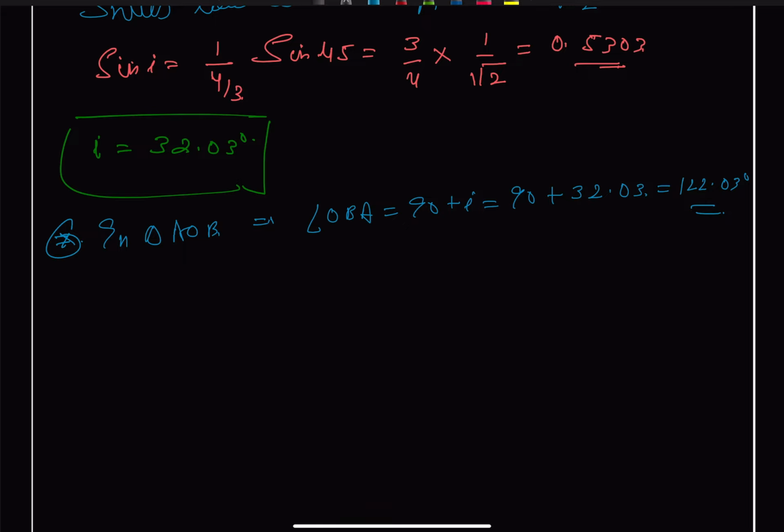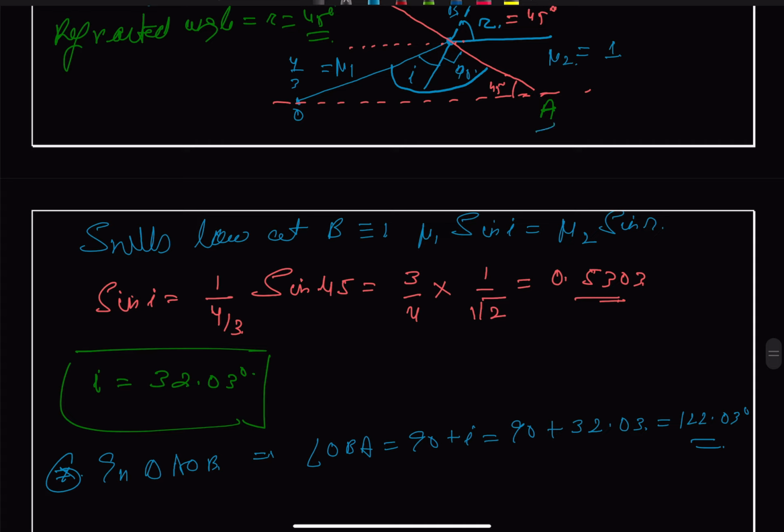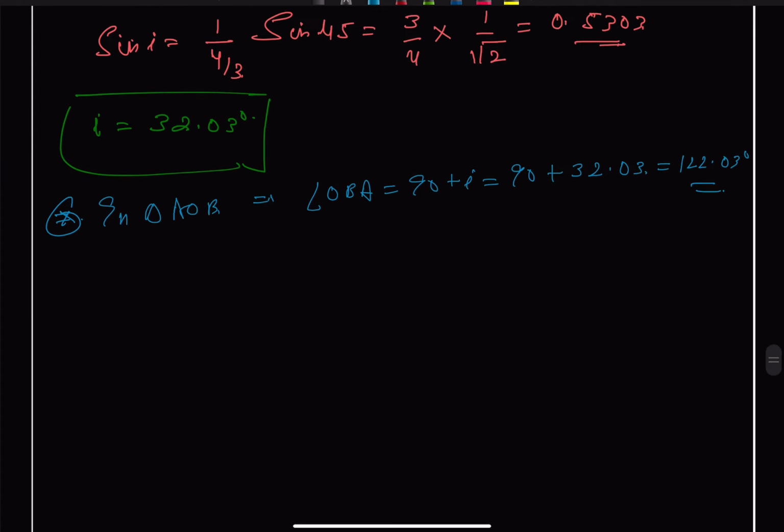And angle A is already 45, so we can find out our angle O. Therefore we can say that our angle O will be equal to 180 minus 45 plus 122.03, and this comes as approximately equal to 13 degree.